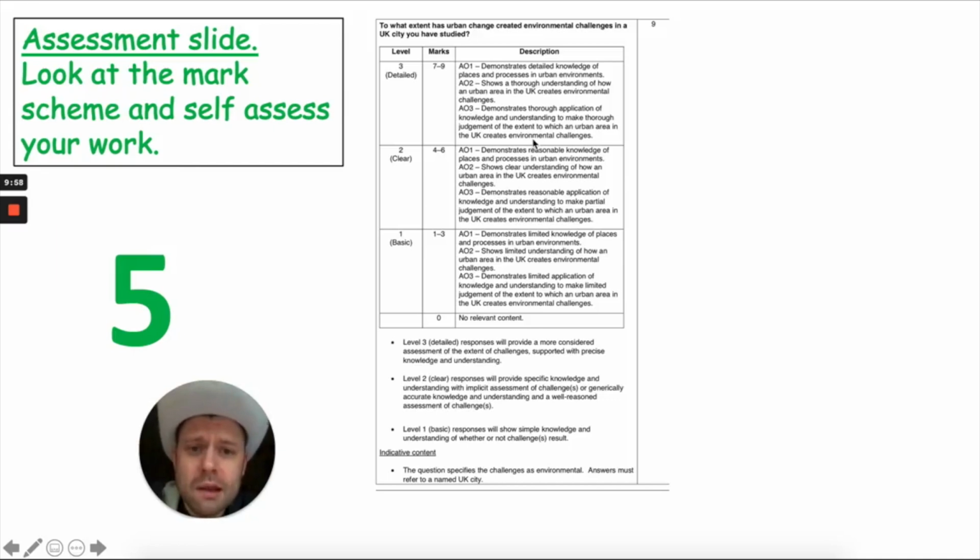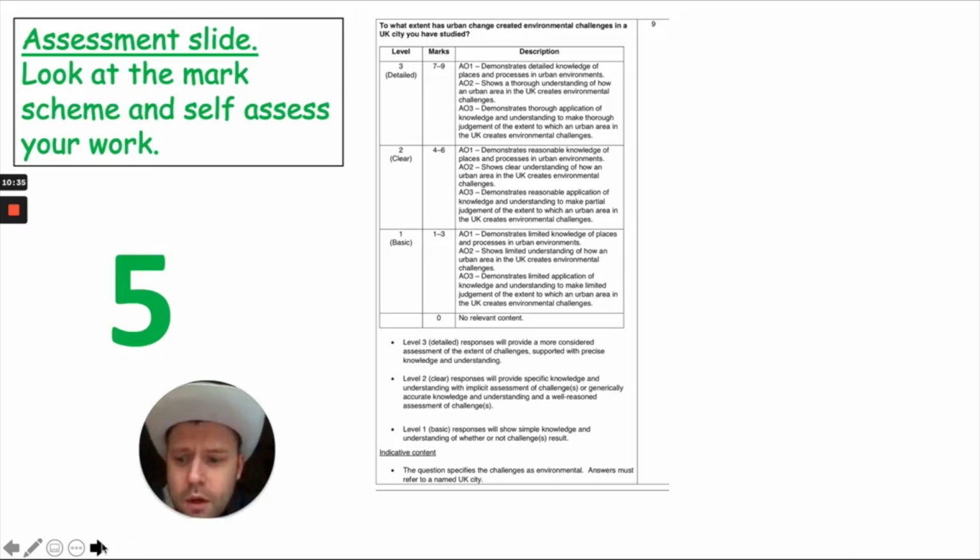In the case of this question, you get 1 mark, AO3, for saying to some extent, because you've answered the question. But the way you get the higher level of marks for AO3 is going into why, linking back to the question. So you'd say, urban greening is good because it creates biodiversity. This means that the challenges in the city of Birmingham can be overcome, and it's not all negative. All right?